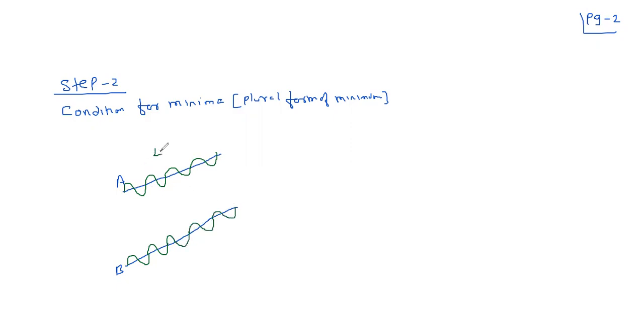So from A to point P, it is 4 lambda. B to point P, it is 5 lambda. What is the path difference between these two? It is 1 lambda. So path difference is equal to 1 lambda. How do I get it? It is 5 lambda minus 4 lambda. That is 1 lambda.